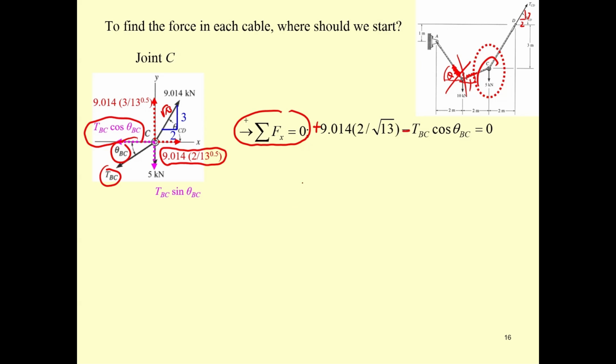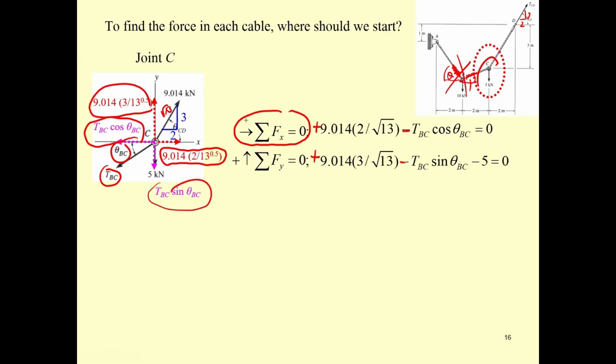Now, there is another equation. You have the second equation, summation of F sub y. You have this one to be upward positive, and this one to be downward negative. You have two equations, and you're going to solve for theta sub BC and also for T sub BC.